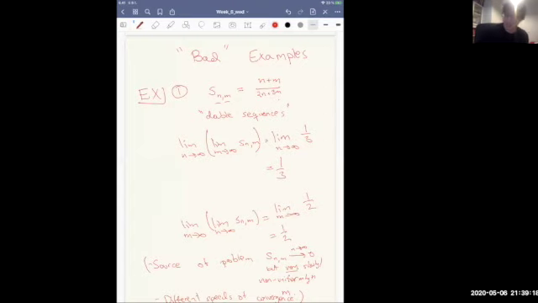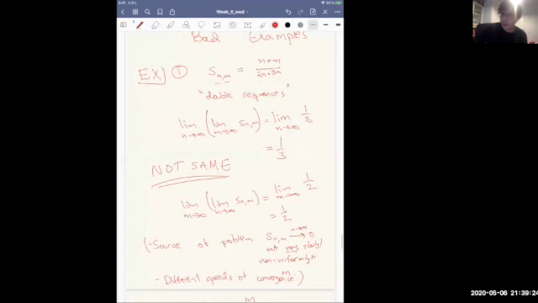These are not the same. So a simple way of saying, vaguely at least, what we mean is that this convergence happens very non-uniformly. It's different speeds.